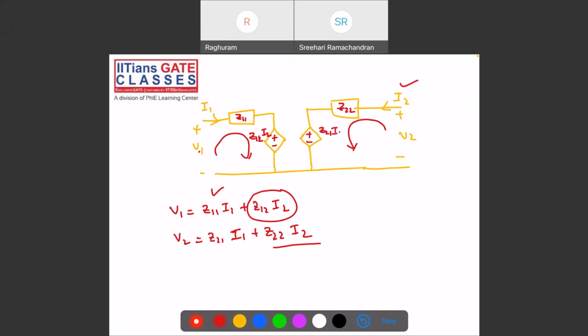So this is a dependent voltage source. What kind? A current dependent voltage source. This is the general equivalent circuit of Z parameters. Understood how I draw this? V1 is equal to Z11 I1. You'll get this equation from the circuit if you write down the mesh analysis loop equations. Clear.